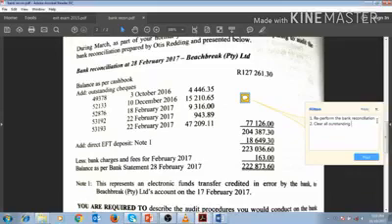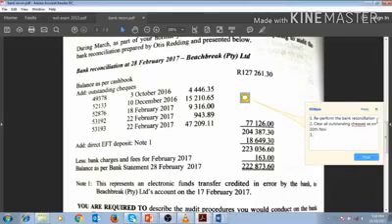Clear all outstanding checks as on November. That's the second one.